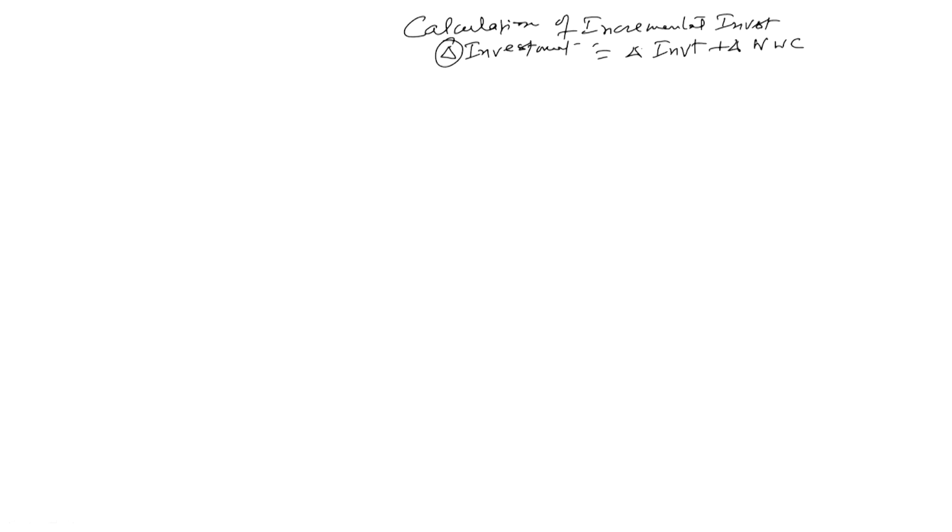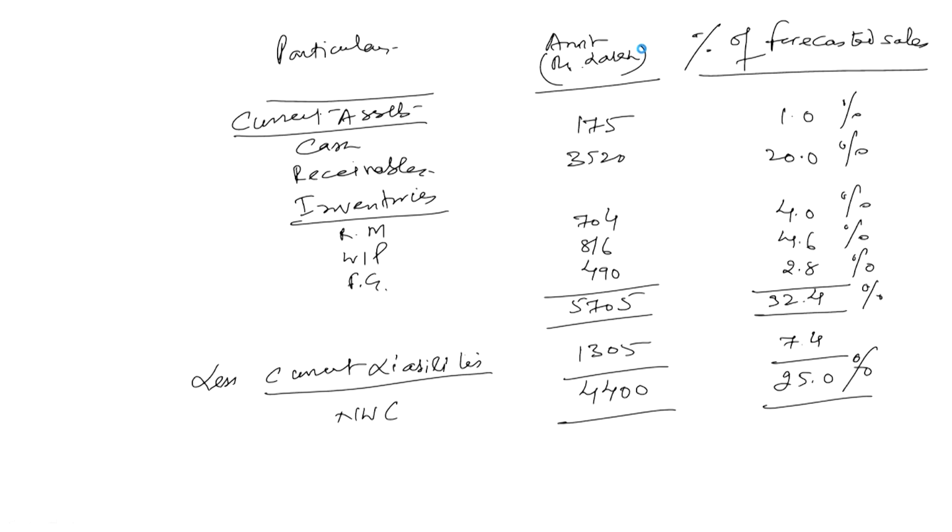We have seen that the net working capital position of the company is something like this. We have the cash, we have the receivables, we have the inventories. For example, if we have inventory of raw material, WIP and finished goods, we can keep the amount of cash the same, the receivables the same, the raw material also the same, but the cause of the stock outs, or the lost sales, is the low level of finished goods inventory.